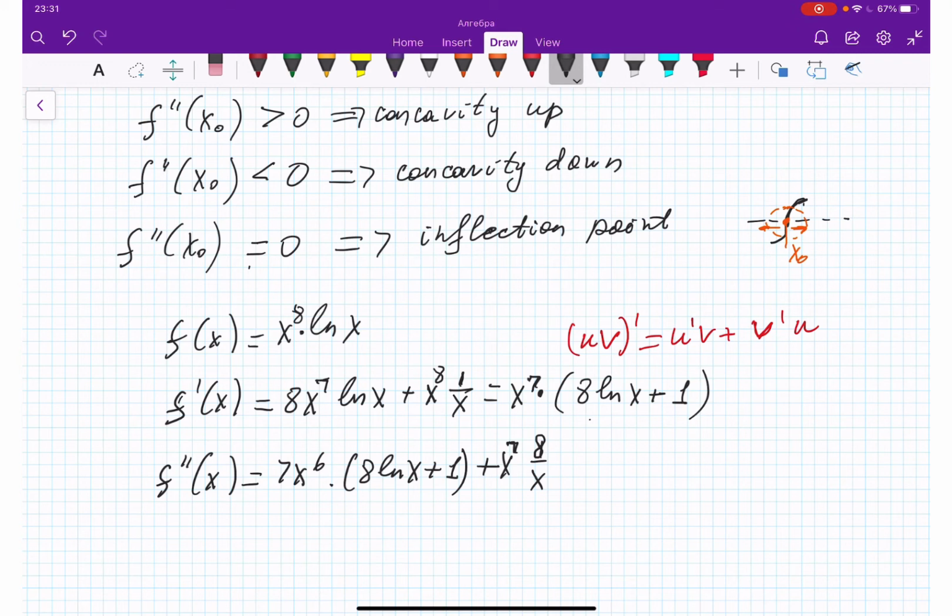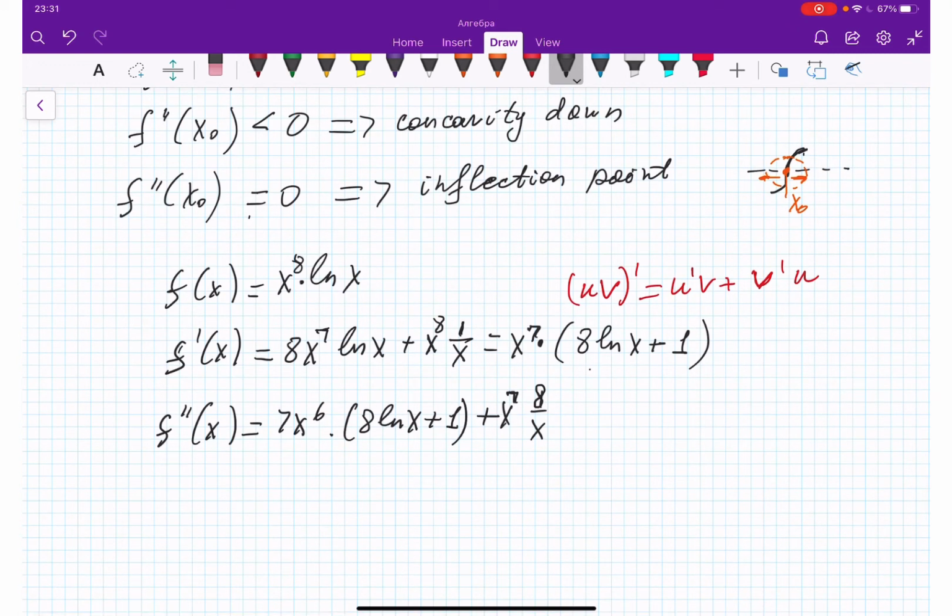Okay, so let's see what we can do here in this case. Let me rewrite it nicer. From here, I'm taking x to the power 6, and what we have in parentheses left, we get 7 times 8 natural log x plus 1.